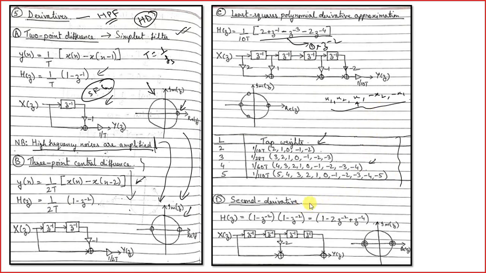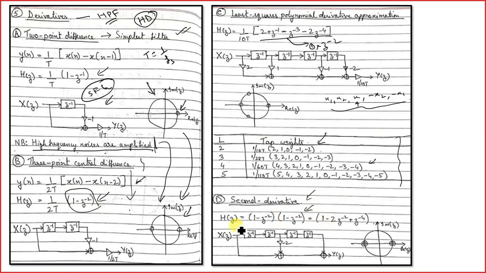And lastly, we have the second derivative filter. What is the second derivative filter? It is given by 1 minus z to the power -2, multiplied by 1 minus z to the power -2.